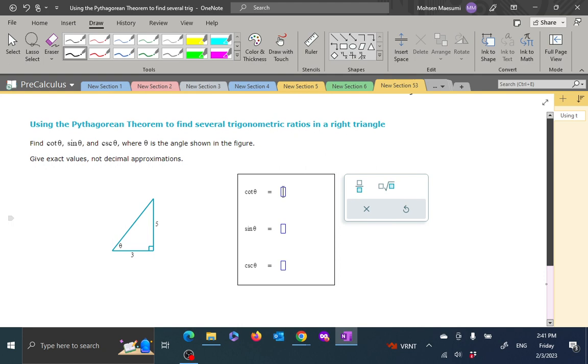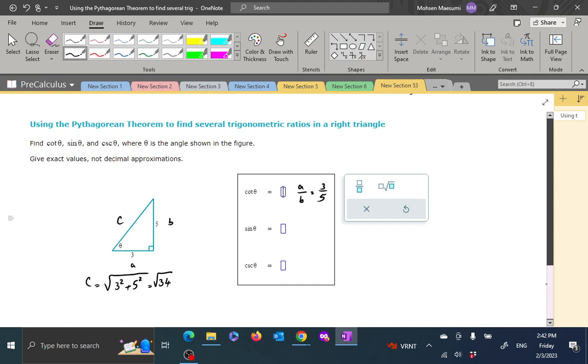So again, let's call this A and B and C. In this case C is obtained by adding these two, 3 squared plus 5 squared, and that is square root of 34. So cotangent is the ratio of adjacent to opposite, so that's 3/5.